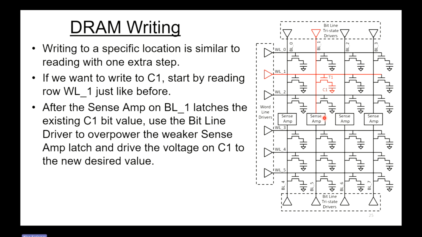And if the sense amp is still driving it, you can overdrive it using the bit line driver. It's much more powerful than the driver of the sense amp. And now you can put whatever value on that cap you want. Normally, these bit line drivers up on top are tri-stated. You only turn them on when it's time to write. So that's just how to write a bit.